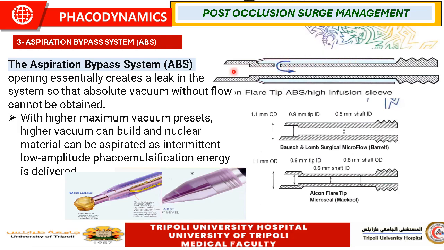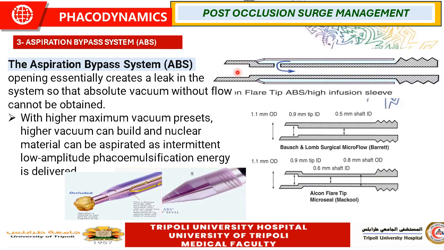When there is total closure of the tip and vacuum buildup, as you know, when there is total occlusion of the tip, there will be no flow of materials, and this will lead to elevation of the temperature of the Phaco needle, and the vacuum will build up to the preset value.